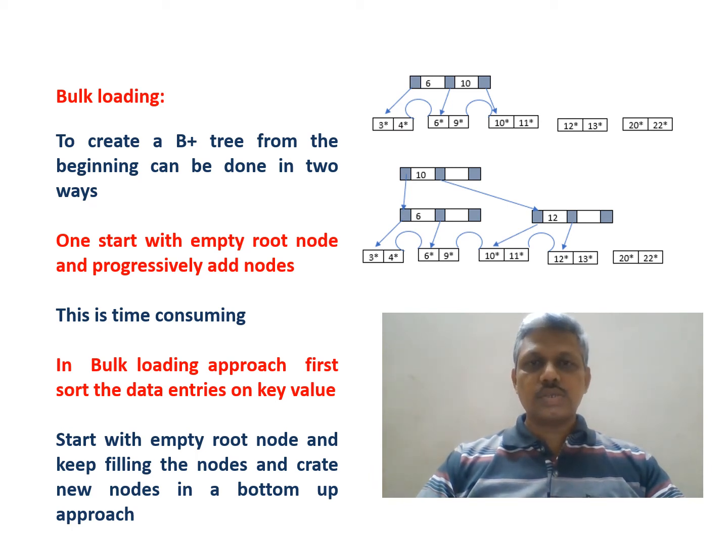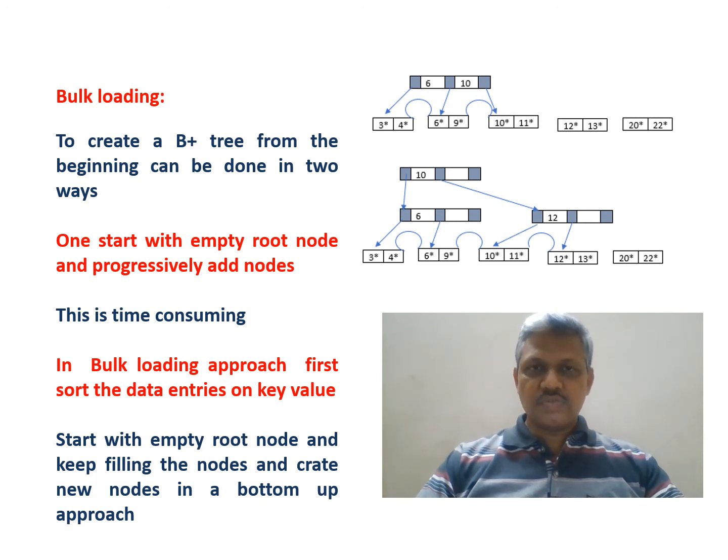In this case, let us assume that a node can have two values, and each data page consists of two records. So based on the key value, we can keep on inserting the values into the node.